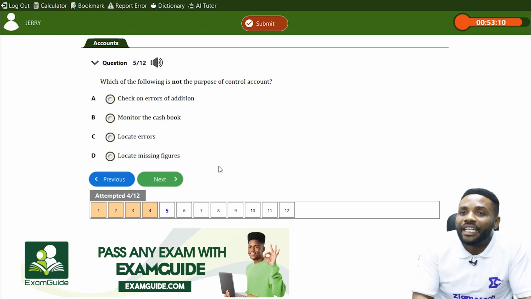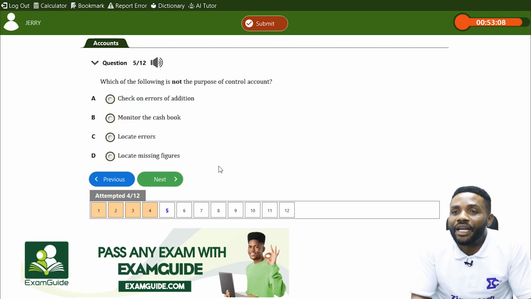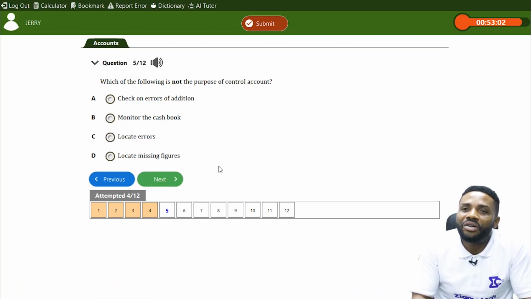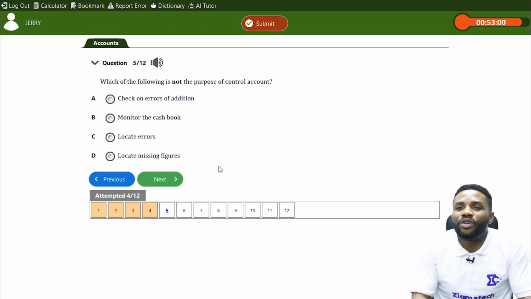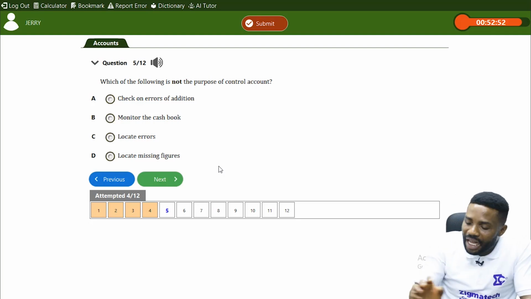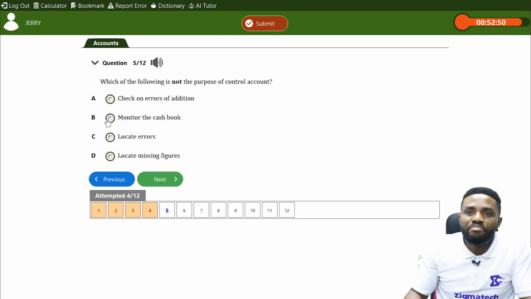Remember, we said it helps us to check errors. Number 2, they said monitor the cash book. Everything about control account is transaction on credit. So it has nothing to do with cash book. So the answer here is B.